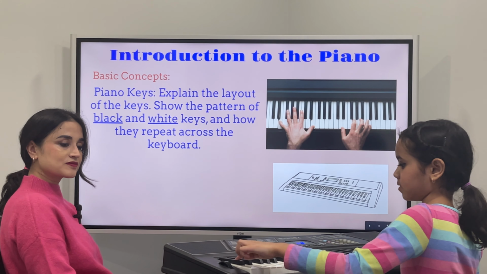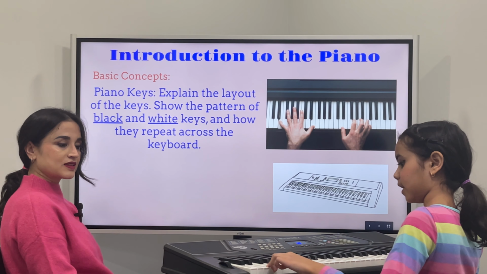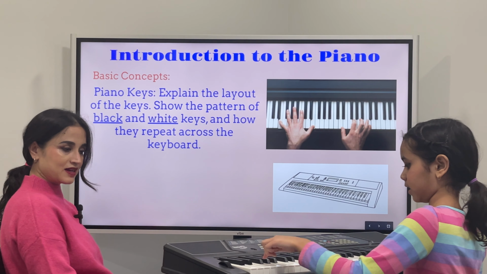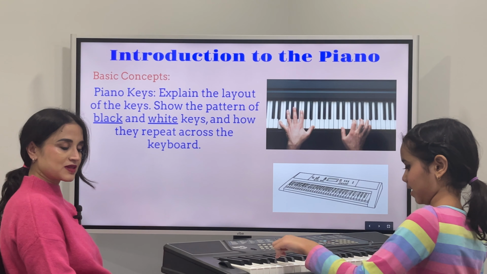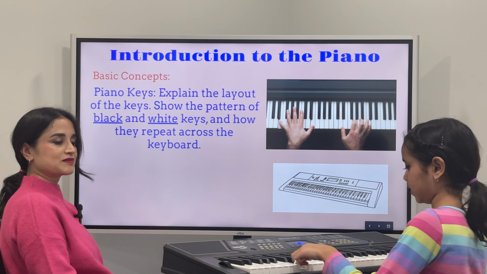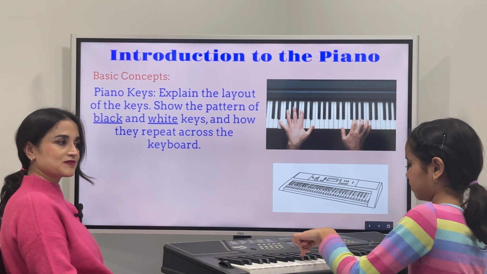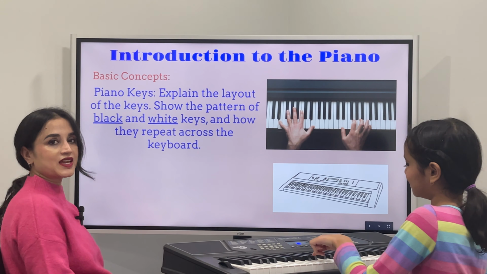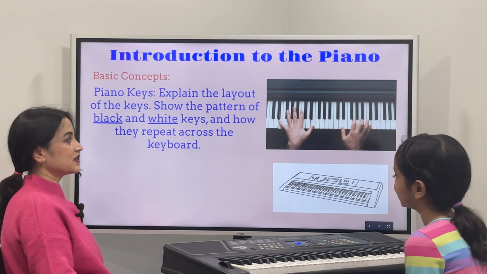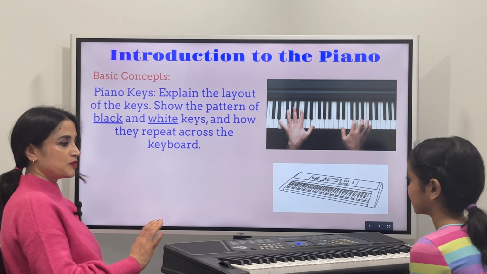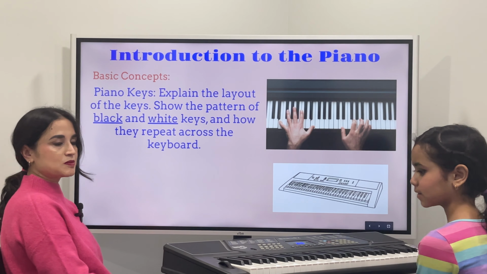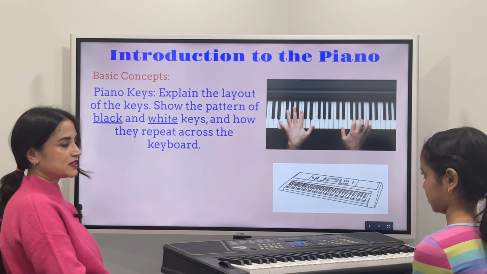So white, black, white, black, white, black, white, white, black, white, white. It's continuous and it repeats, right? It's a pattern of black and white keys.